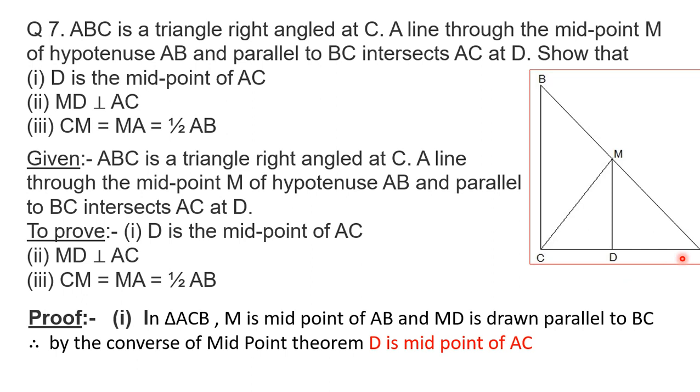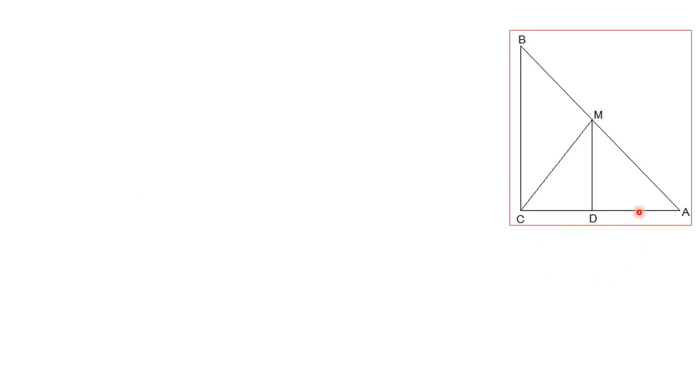Now come to the second part, where we prove MD is perpendicular to AC. For this, observe this figure again. MD and BC are two parallel lines and this line AC is the transversal. Clear? This line MD is parallel to line BC and AC is the transversal.